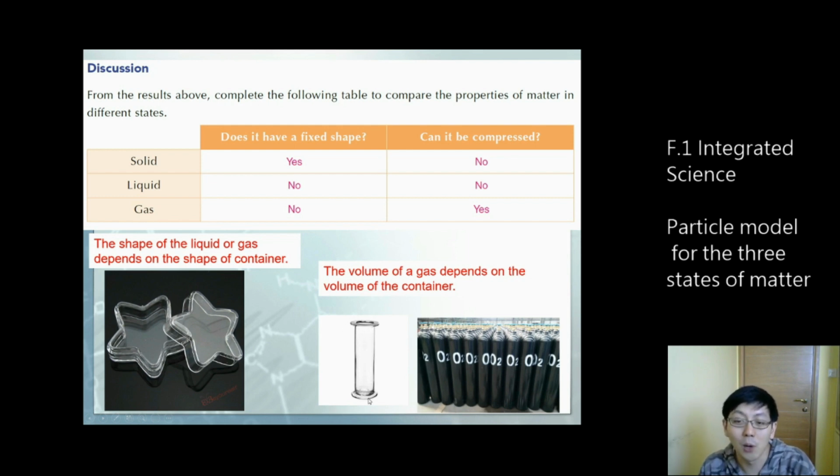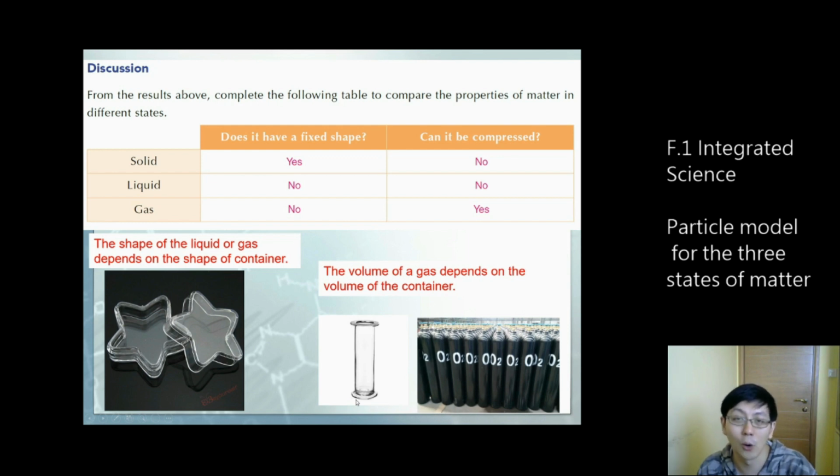If I use an oxygen cylinder as tall as a person, the volume of gas will be that of the cylinder. Now, of course, if you study physics in high forms, you know that if we really want to discuss the amounts of gas, we need to know the volume, temperature, and also the pressure of the gas, so we can know the amount of gas inside. If we don't say the temperature and pressure, the volume of gas will be exactly the same as those inside the container.